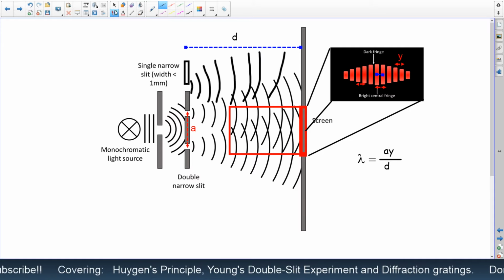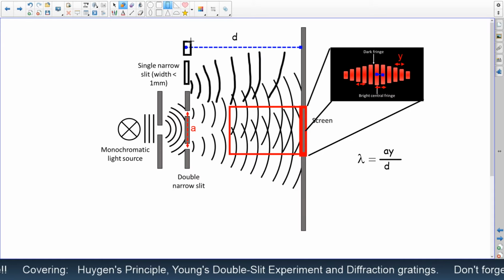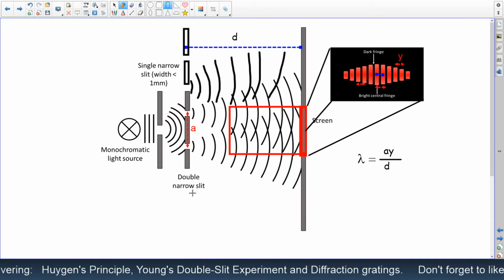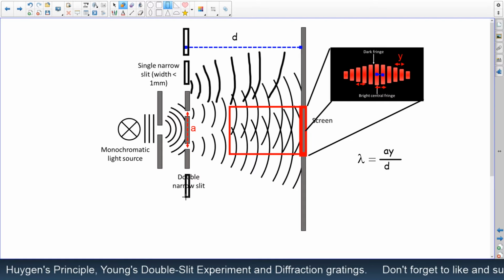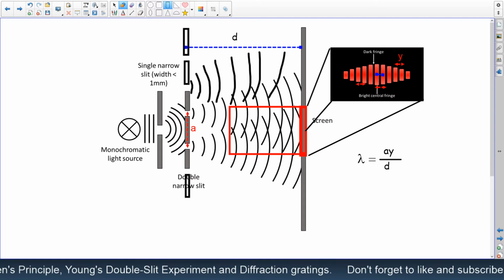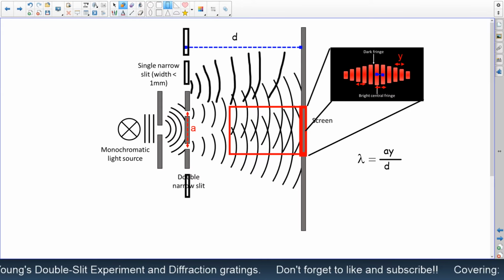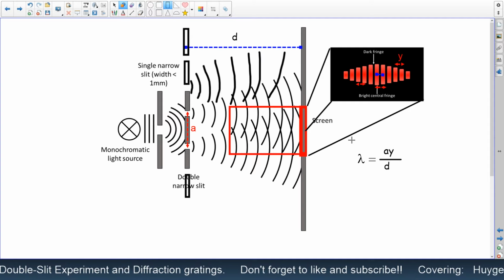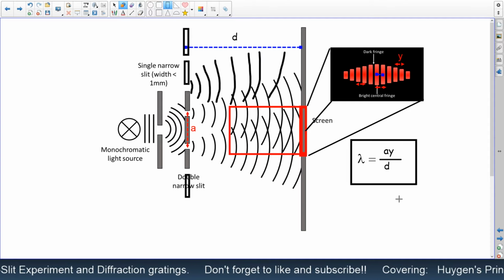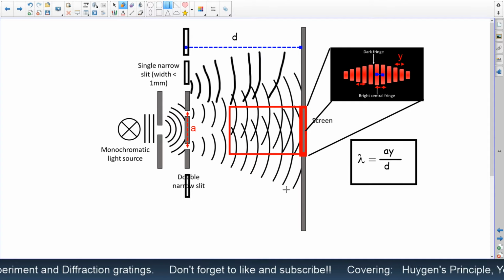If we added more and more slits, we could get better and better information about lambda. That's what this is all about: can we get the best value of lambda that we possibly can?